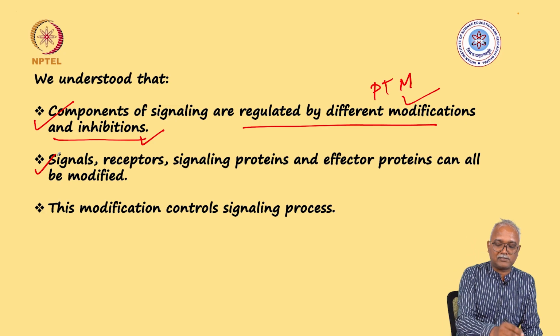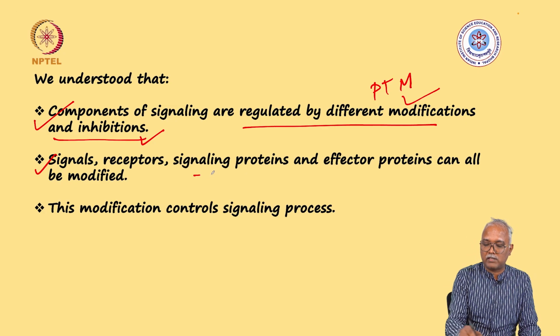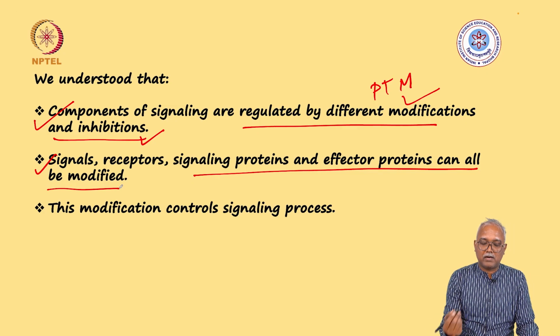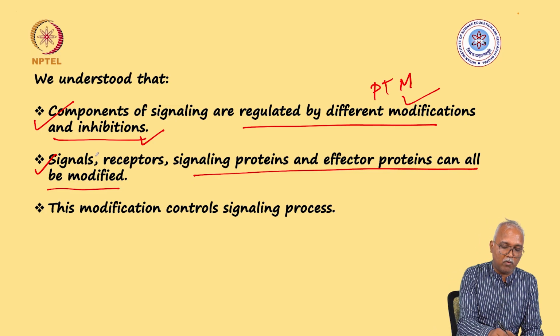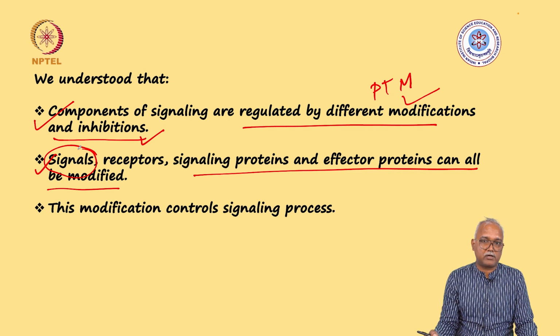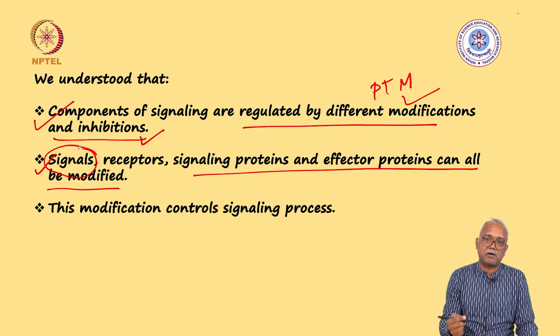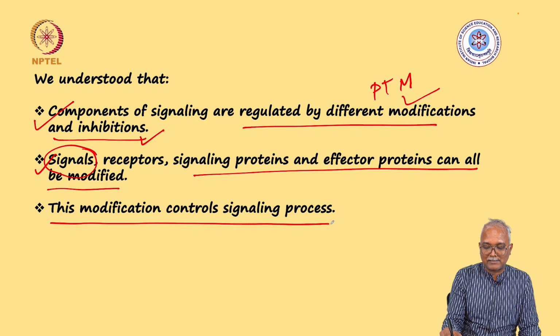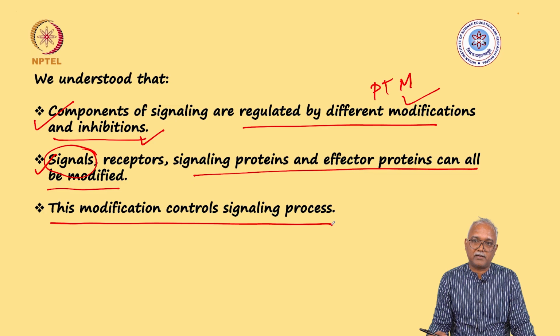The signals and receptors and these signaling proteins, they all can be modified, not just one of those, right? The half-life thing which I spoke about, the short half-life, that is more valid for the signal, but other modification, post-translational modification, happens to all of these components of the signaling process. Further, this modification has a tight control over the signaling process.